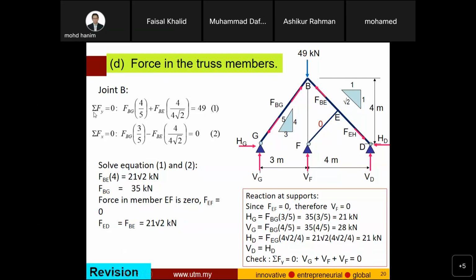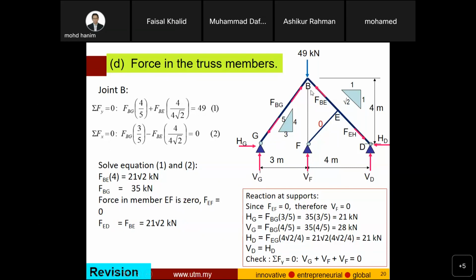Okay, joint B, use the joint method. Sum Fy equal to 0, sum Fx equal to 0, then you have FBG equal to FBE equal to 21 square root 2.